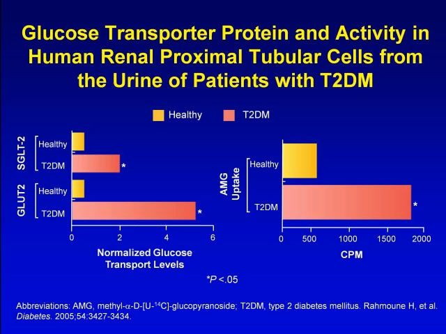We can see why this may be so. If you look at the glucose transporter protein and activity in human renal proximal tubular cells from the urine of patients with type 2 diabetes, you will see a large increase in the expression of the protein. Also, the activity of the protein is many times that of a healthy person.